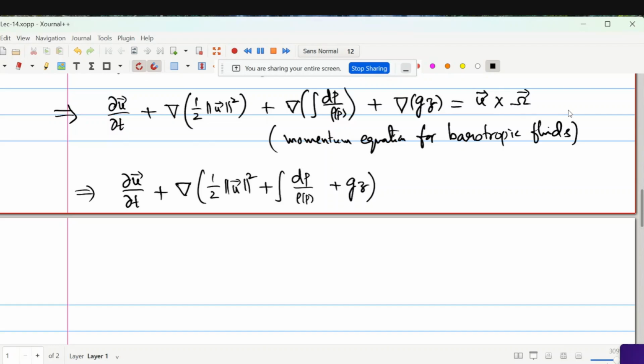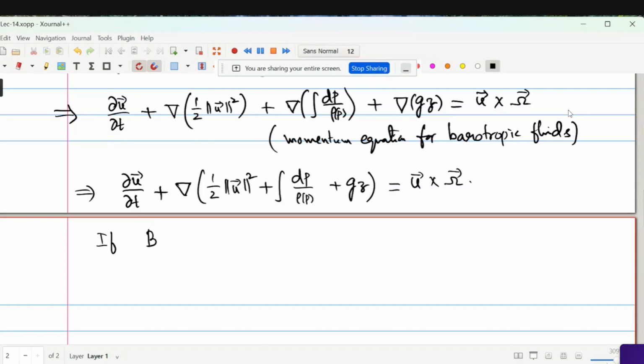This quantity I put as a gradient of something equal to u cross omega. Whatever this quantity is, is it a vector? It's a scalar function, right? It is just a scalar, not a vector.